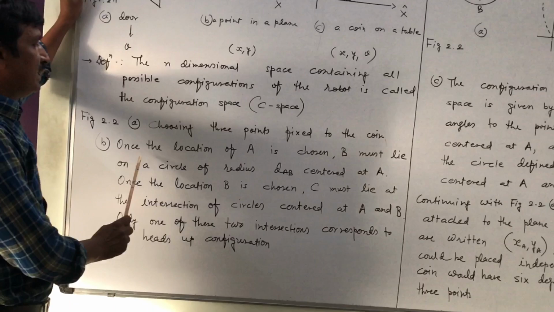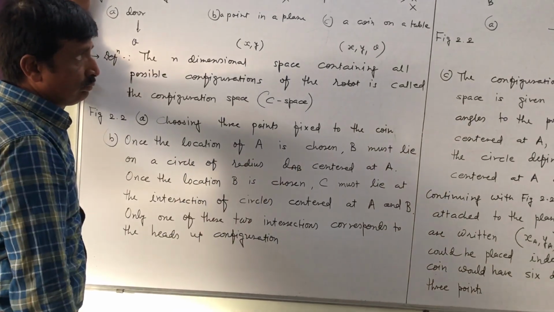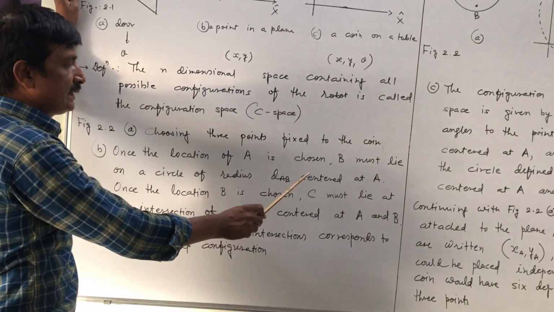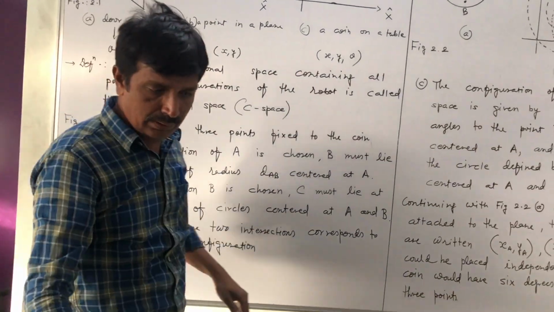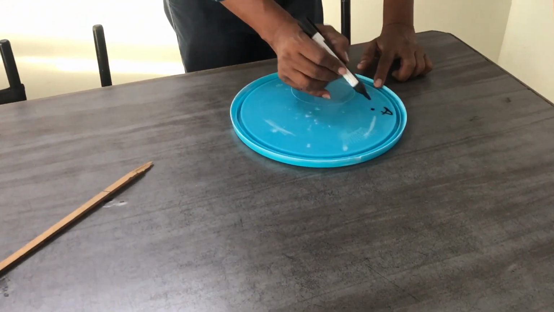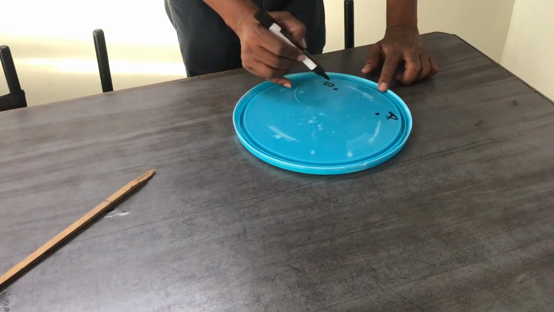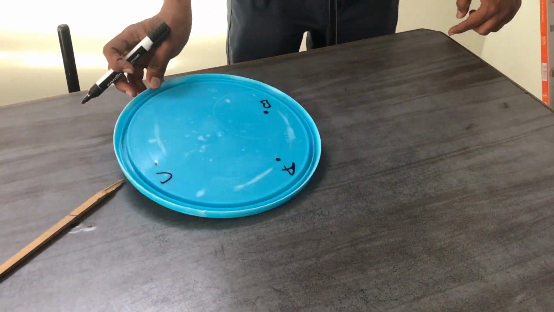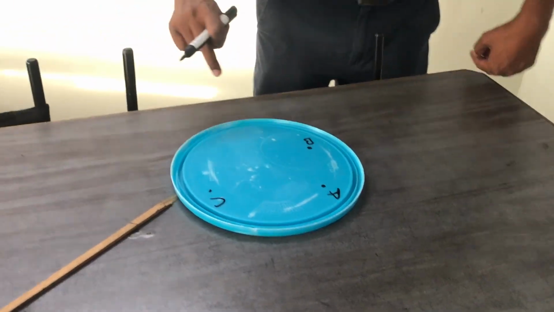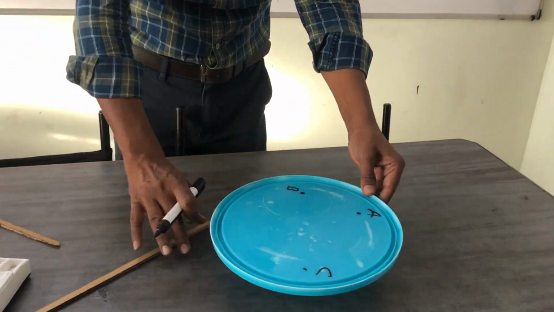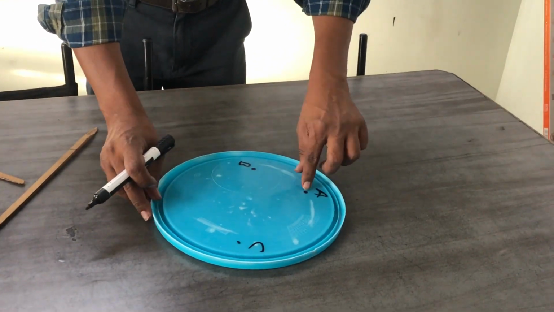Now 2.2b. Once the location of A is chosen, B must lie on a circle of radius DAB centered at A. For example, suppose this one is the coin and there are 3 points, say A, B and C. Suppose this one is the xy plane, this one is the x-axis, this one is the y-axis. So we can fix point A at any arbitrary point.